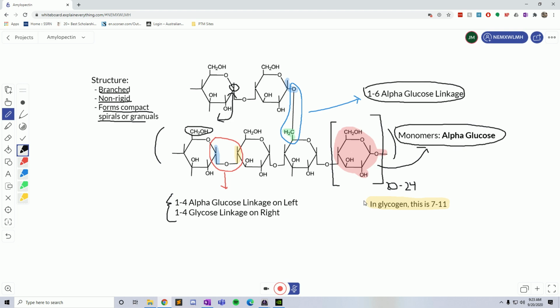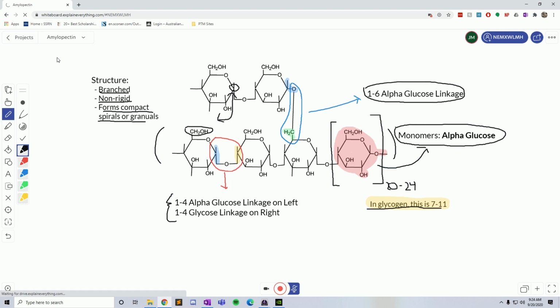And so if you were to distinguish between glycogen and amylose, that would be your distinguishing feature. Glycogen is even more branched with 7 to 11 as opposed to 20 to 24. Now we've covered amylose, amylopectin, and glycogen, and they're all made of alpha glucose monomers.